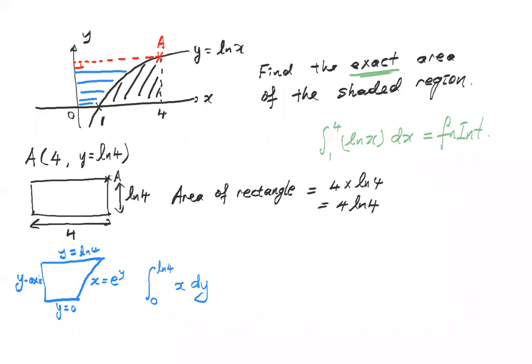So this will be the integral from 0 to ln 4. You must write x in terms of y in order to integrate with dy. So can you find the value for this one?